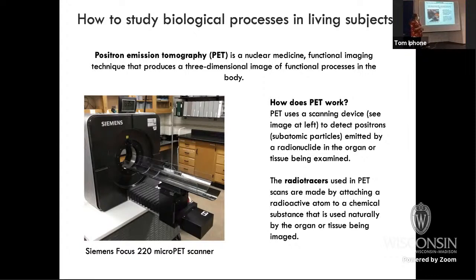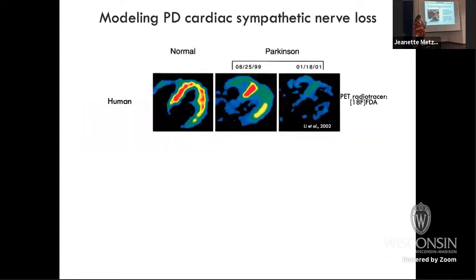So the image that we showed earlier was actually performed by PET scan, and we'll talk about it quite a bit more in a minute. So here, this is that image we looked at before. As I mentioned, this is actually PET imaging in a human. This is not from our group. This is from a different research group that works more with clinical Parkinson's research. The PET radioligand that they use here is something called 18-fluorine fluorodopamine.